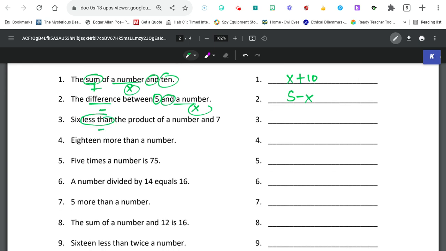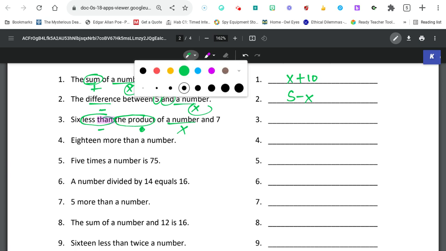Less than is minus. It's got a turnaround phrase in it. Product means you're going to multiply. I don't want to put the x for times. I'm going to use the dot. The number is x. There's no equal in there. There's a turnaround phrase, so I'm going to write this side first.